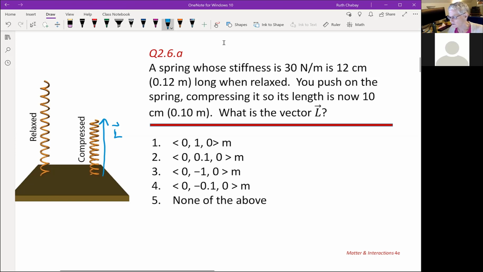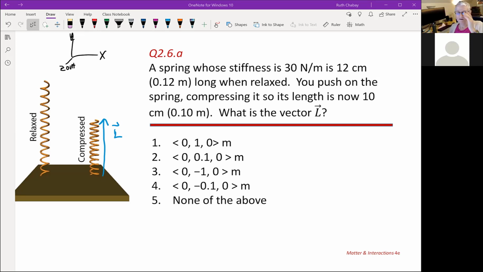Okay, so let's just try this again. So what is that vector? We have the usual coordinate system. We've got X, Y, Z out of the page. Okay, I think I see what you're asking, Melinda.